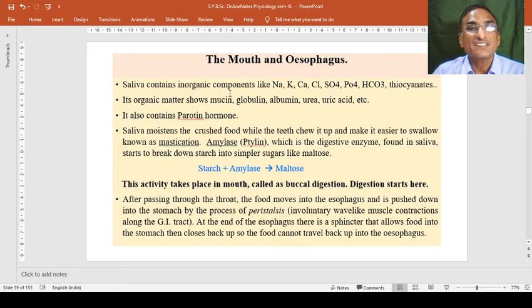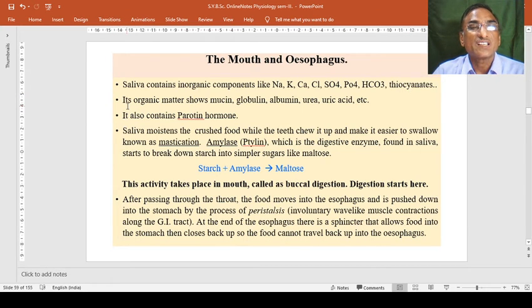Saliva contains inorganic components like sodium, potassium, calcium, chlorides, sulfates, phosphates and hydrocarbons. In addition, it also has thiocyanates. These are the chemical elements which take part in digestion. So these are the salivary contents.